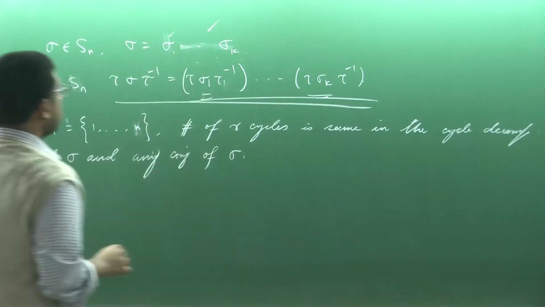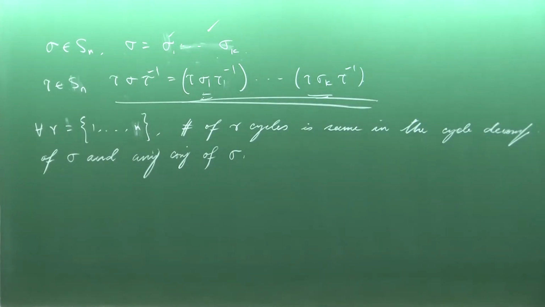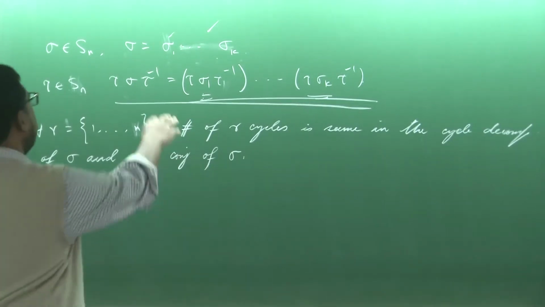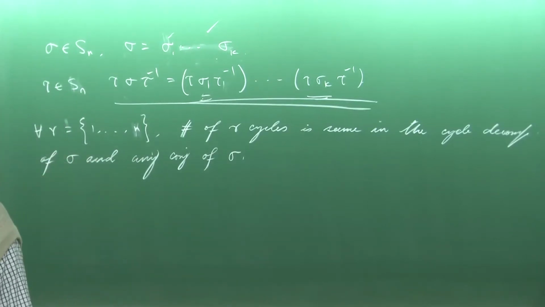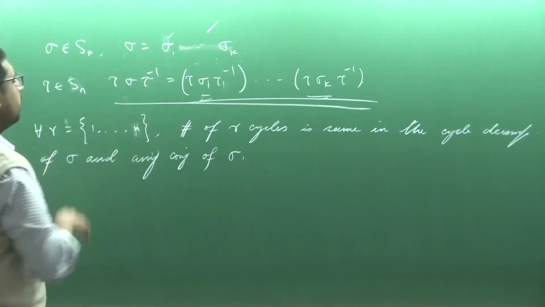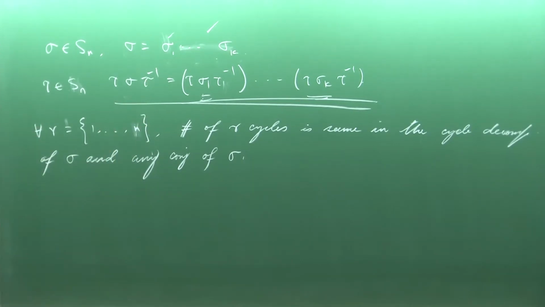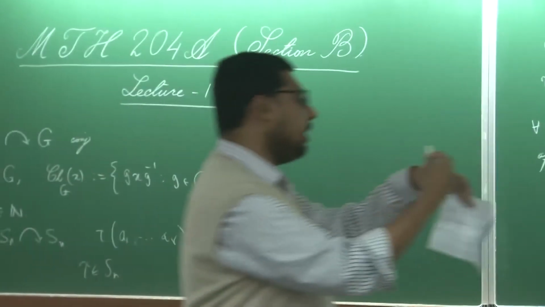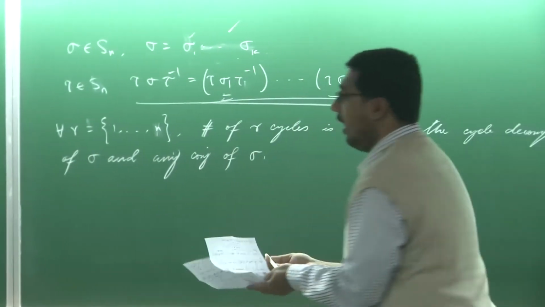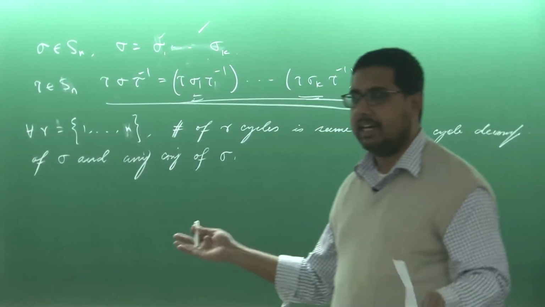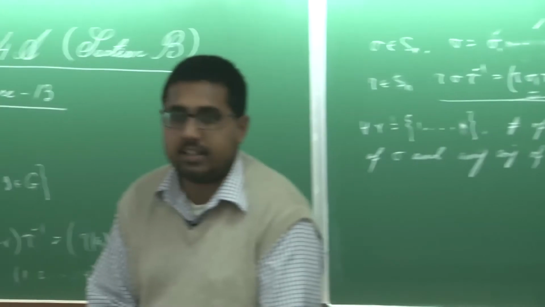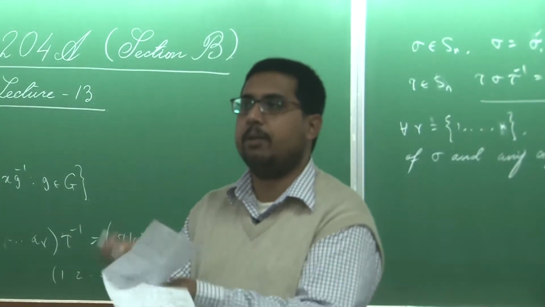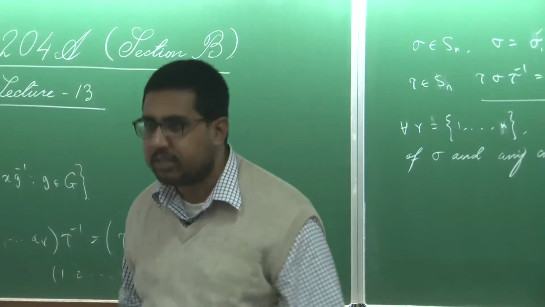So, for any r, the number of r-cycles appearing in the cycle decomposition of sigma is the same as the number of r-cycles appearing in any conjugate of sigma. If this happens for two permutations, let us say sigma and sigma prime, that is, if in their cycle decompositions corresponding to every r we have the same number of r-cycles, then we say that those permutations sigma and sigma prime are of the same cycle type.